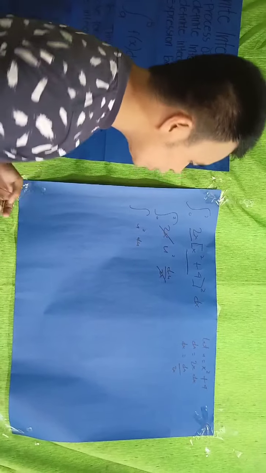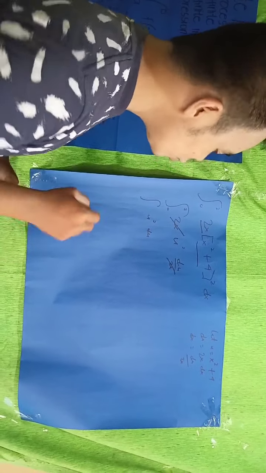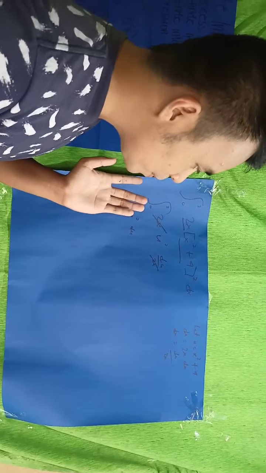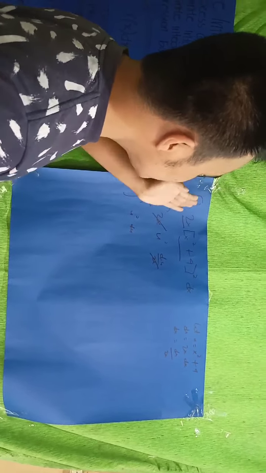Now that we have no x in our expression, we will change its limits. To change limits, we need to use the lower limit and the upper limit.